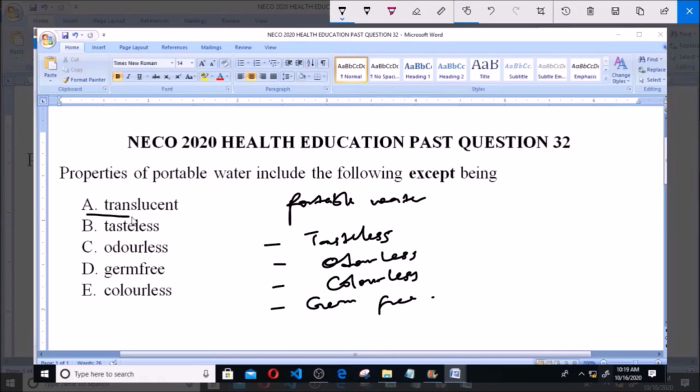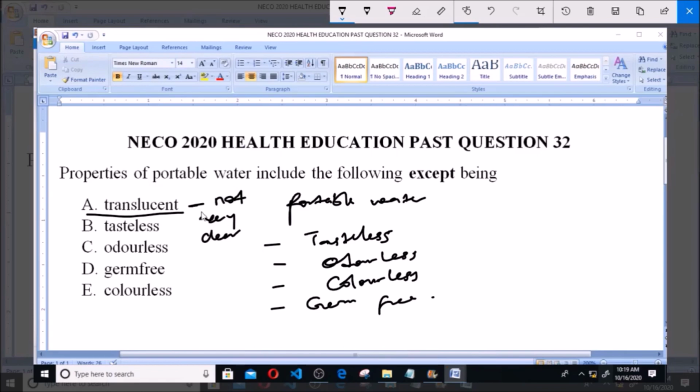Translucent here simply means that it allows for the passage of light, but not clearly. This means it's not very clear. When something is very clear, you can say it's transparent because light can pass through. But translucent simply means not very clear, so that just a little amount of light can penetrate.